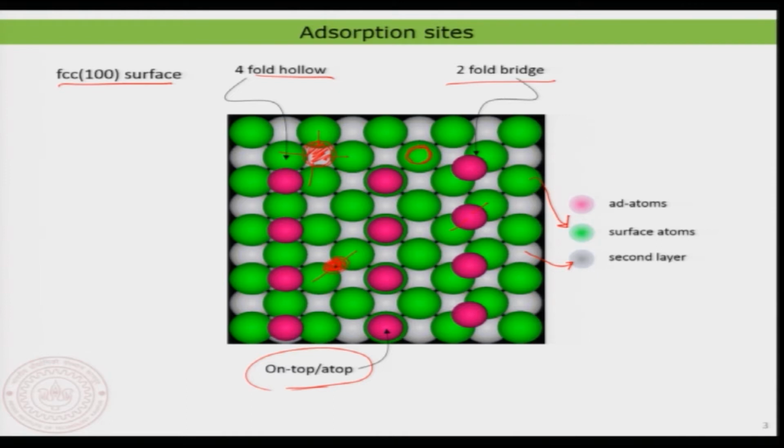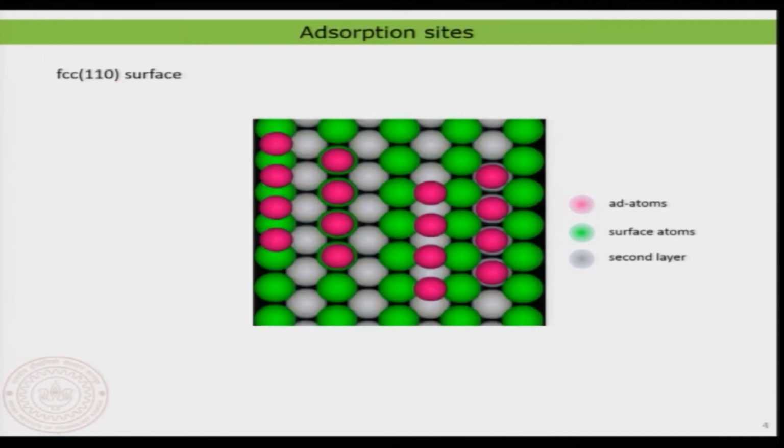It is not necessarily that you always hit this so-called most stable or most energetically favorable fourfold hollow site, for example. Let us first familiarize ourselves with the possible sites on different surfaces. If you take the 1 1 0 surface, the symmetry of the surface is different. This is actually a rectangular site.